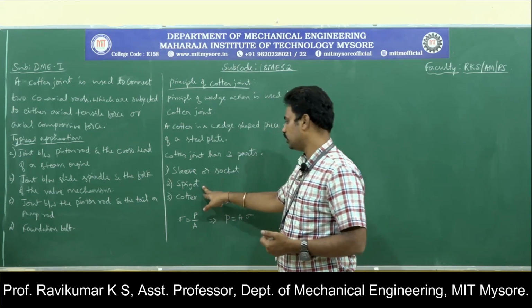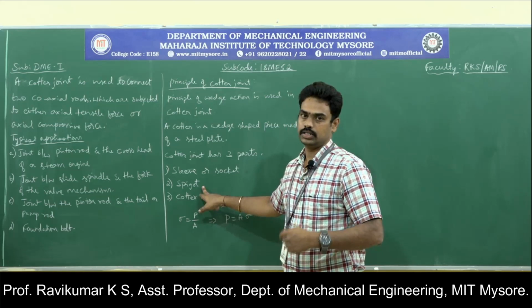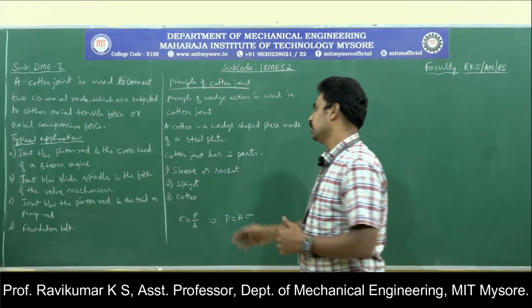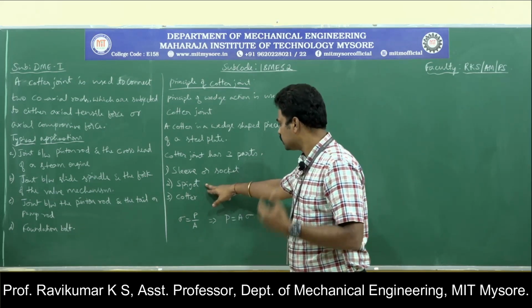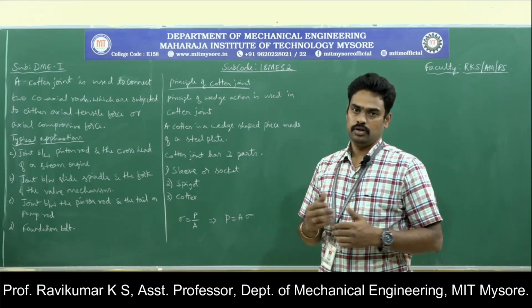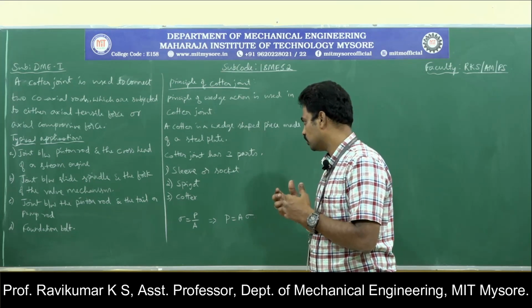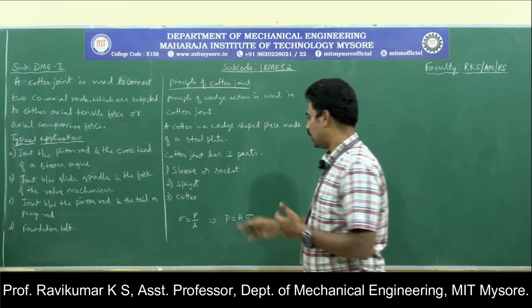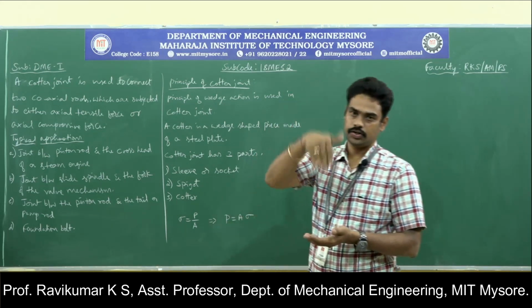The second part is the spigot. A spigot is again a round member that is kept inside the sleeve, and then the quarter is introduced.